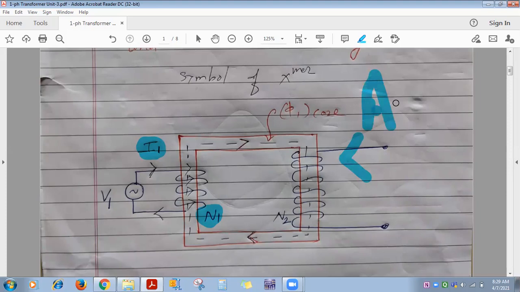Wait a moment. The primary side winding is wound in a clockwise direction. See, trace the current direction.